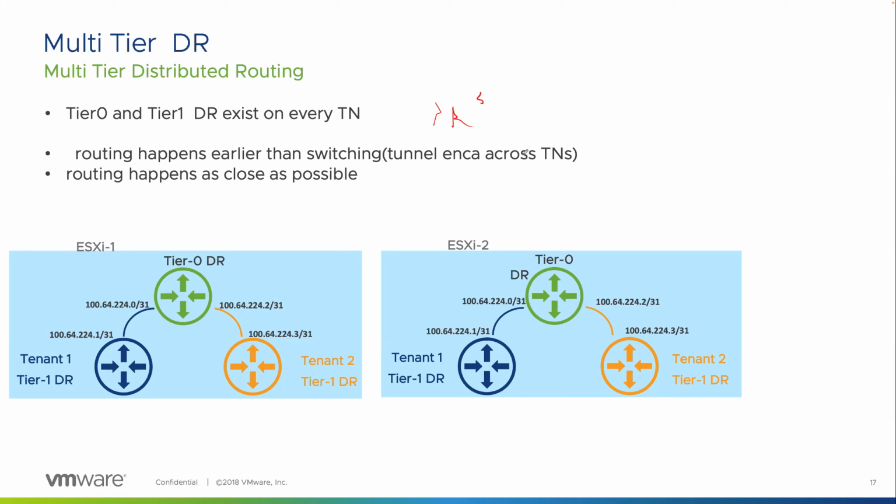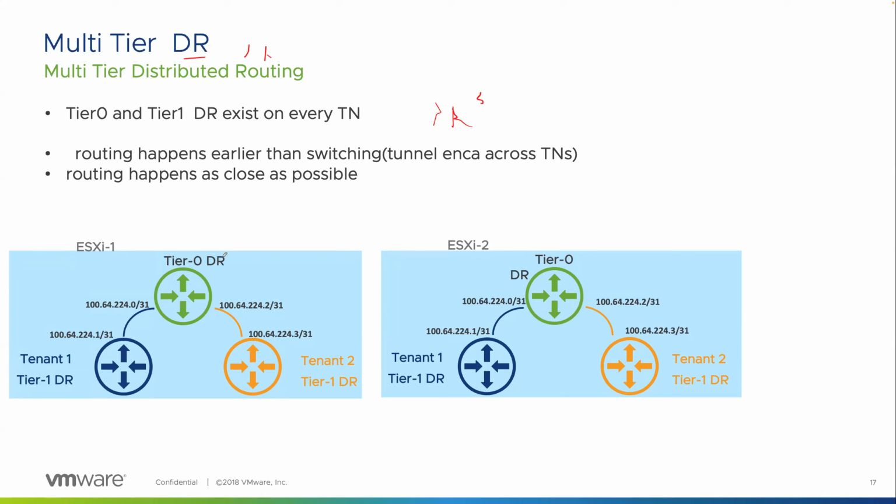LR consists of two parts, SR and DR. So for a two-tier topology, we also have a DR and SR. That means T0 has its own DR and SR, and T1 also has its own DR and SR parts. Let's dive into this to see how two-tier DR works.